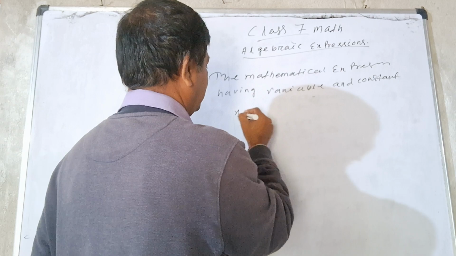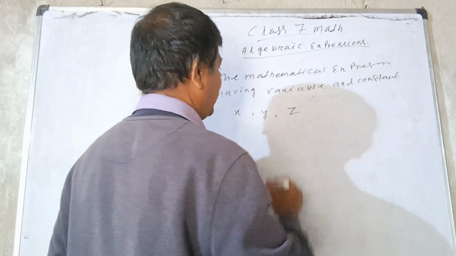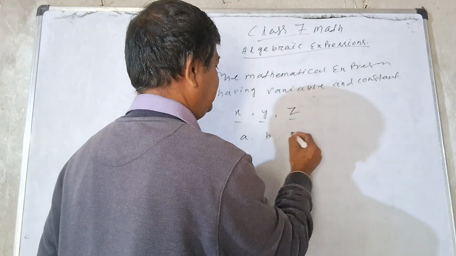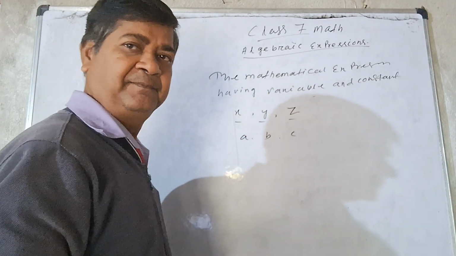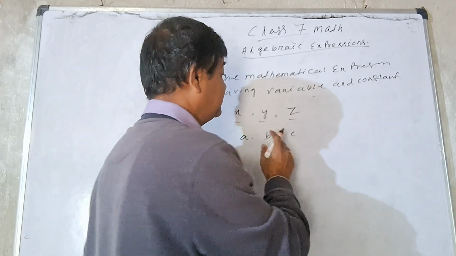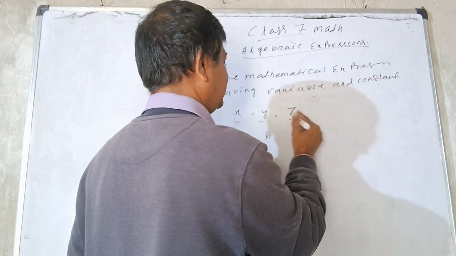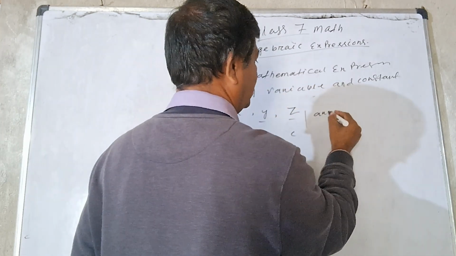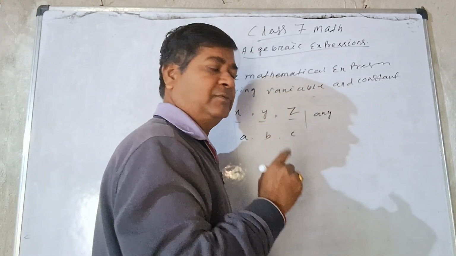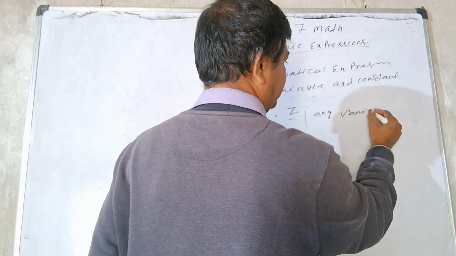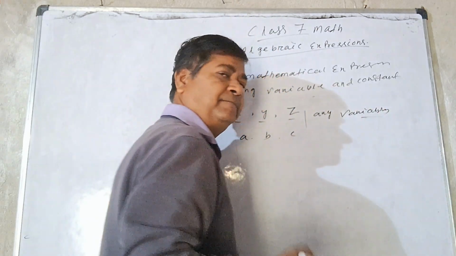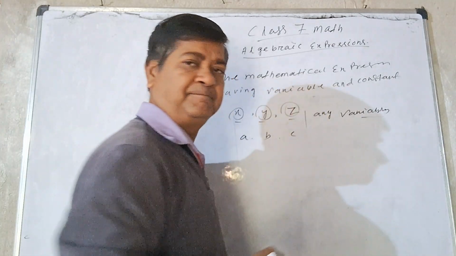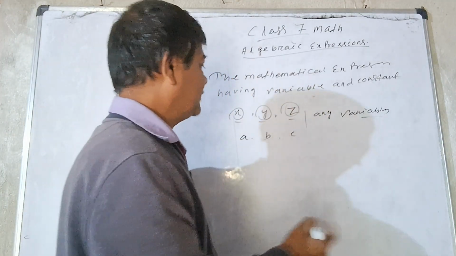In algebra we are going to study variables. X, Y, Z are variables. Similarly, you may use A, B, C or any symbolic representation. These are any unknown terms. Variable means the value of these variables varies, it is not constant.